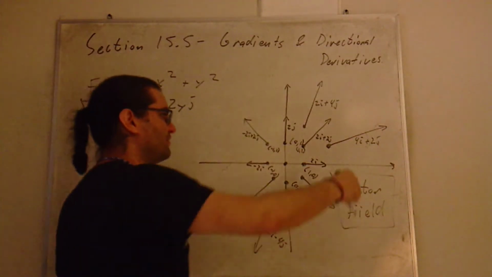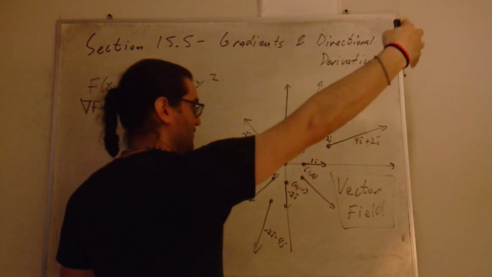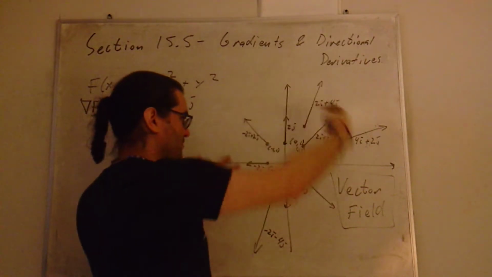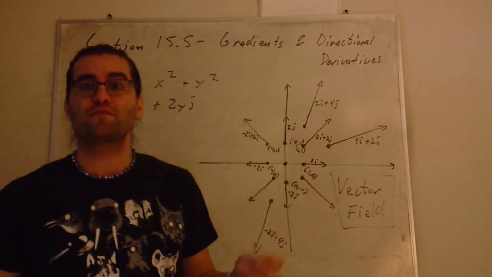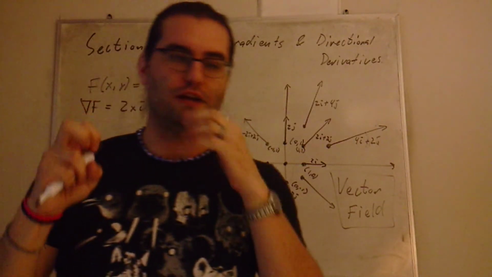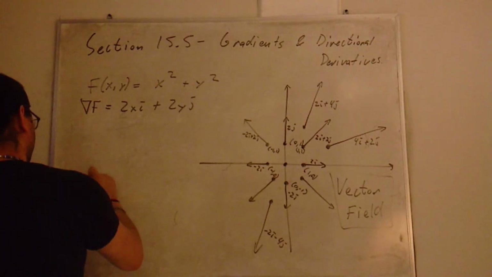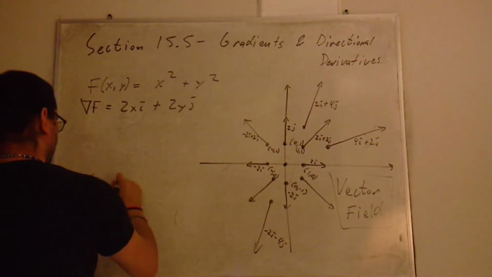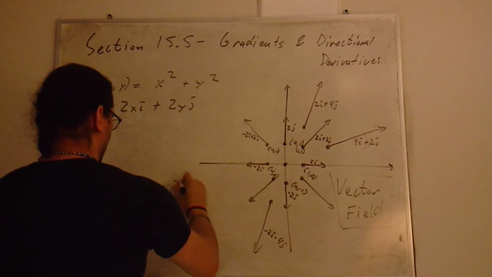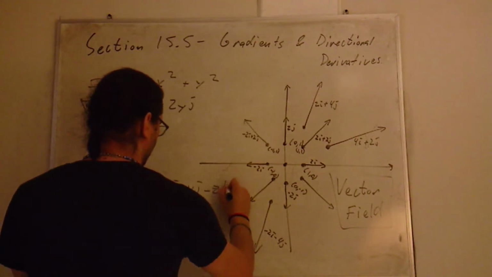We could make vector fields that spiral. We could make vector fields where everything is being pulled into the center. I like to think of those as the black hole vector fields. And we could make those in 3 dimensions as well. If you really want to talk about a black hole kind of vector field, we could make a vector field F of x, y, z is negative xi minus yj minus zk.